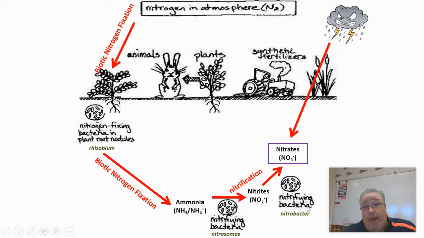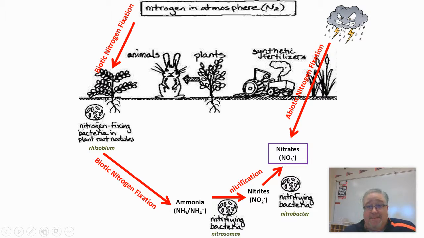Now, there's another way that nitrates can be produced. This is more of an abiotic way, but it's just through lightning. When lightning strikes in the atmosphere, it actually can convert this atmospheric nitrogen directly into nitrates. So that's another way it could happen.